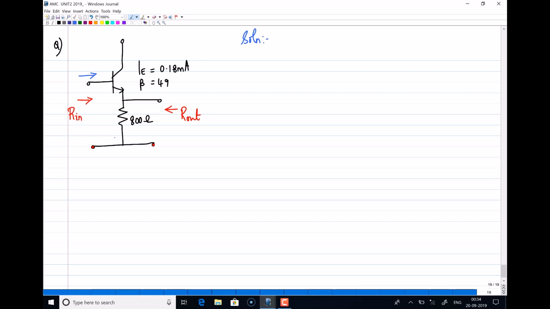Now the input is given to the base and the output is taken from this side. Since it is in a common emitter configuration, I'll use the common emitter model. The input is to the base, so I have to write R pi here, and here I can write beta into IB.